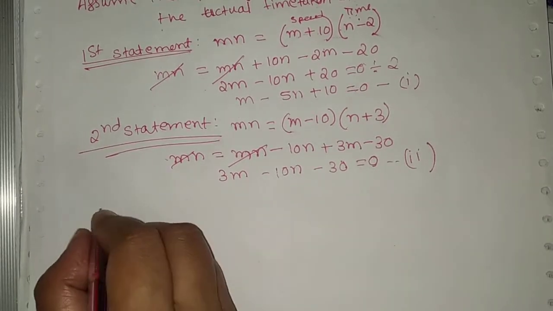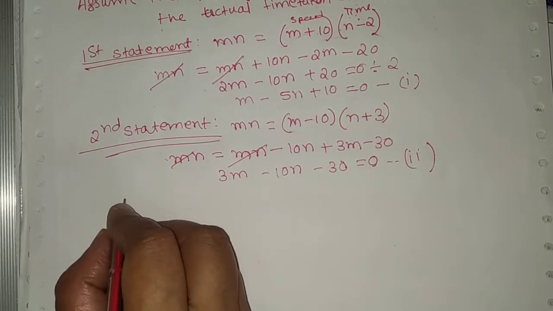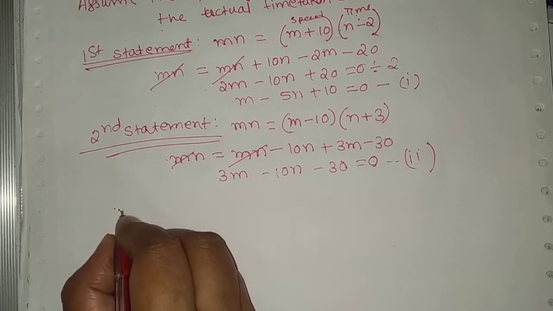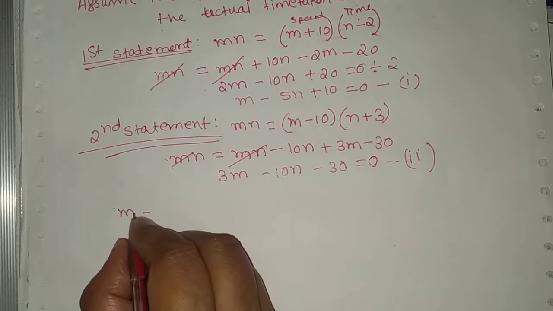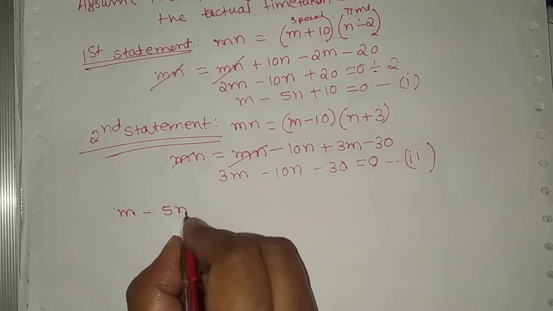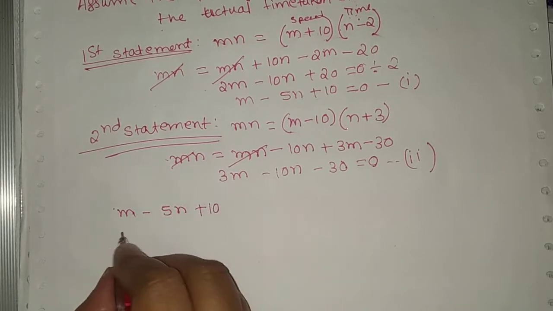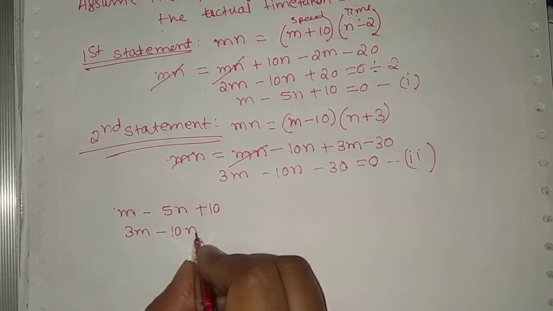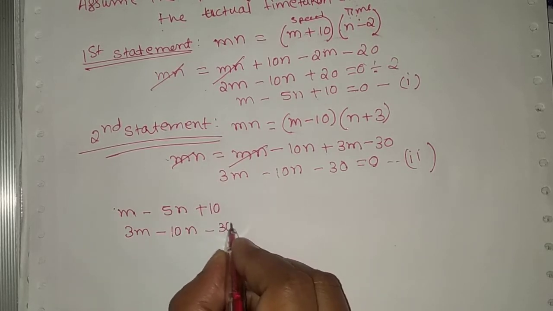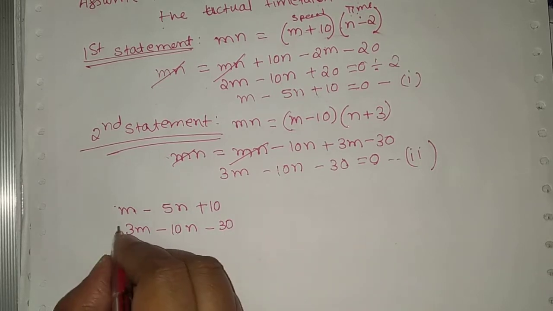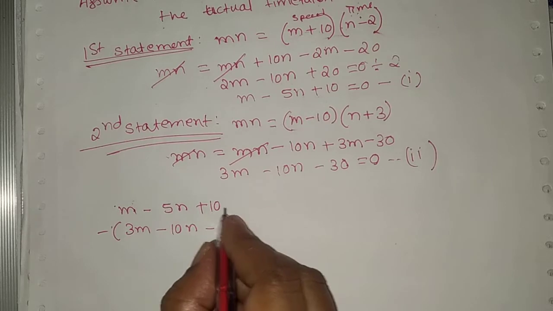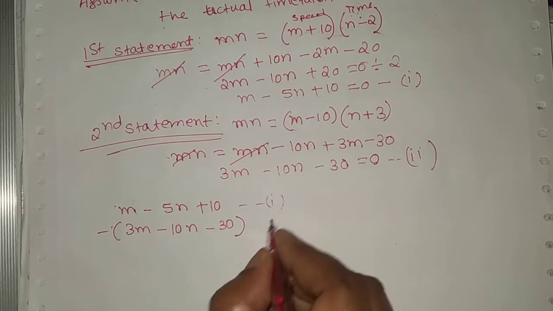So now we take equation 1 and equation 2, and subtract: equation 1 minus equation 2.